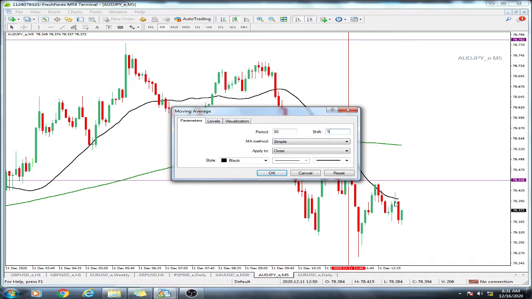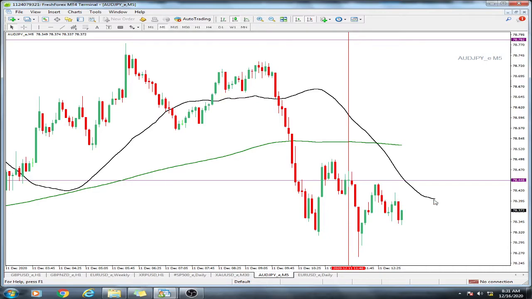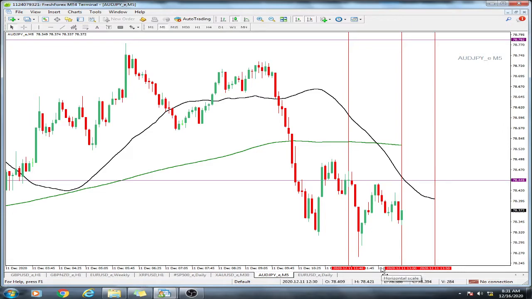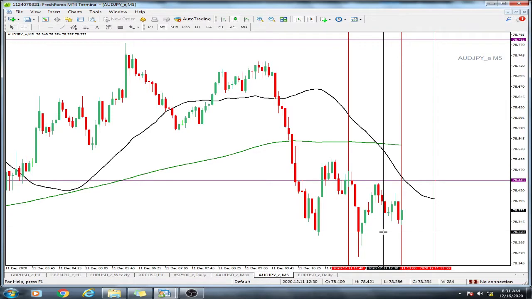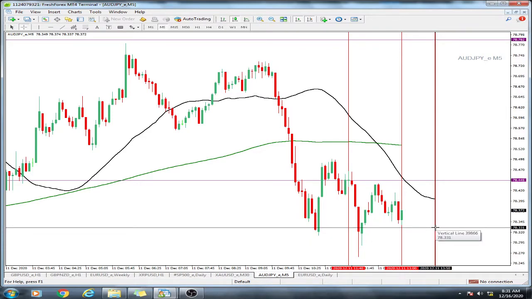So it's like we are going to the past, and whenever you place it, let's make it 10 so that it becomes visible. If you make this 10, you can see the moving averages shifts from the current candle to the 10th one. It's like it's forecasting 10 more candles. If you place your mouse here, then you start calculating how many candles could have been there if they were real candles.